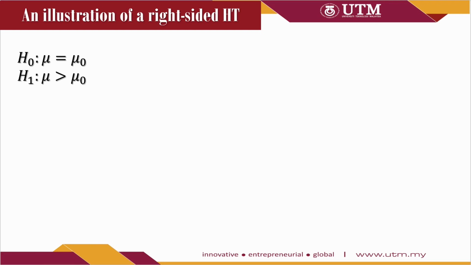Notice that under H0 we always have equality sign mu equal to mu naught, whereas under H1 we have a greater than sign. In this example, since we want to investigate if the mu value is greater than mu naught or has increased from mu naught, so the statement under H1 is mu is greater or bigger than mu naught. Thus, we have a one-tail hypothesis test on the right or the right-sided test.